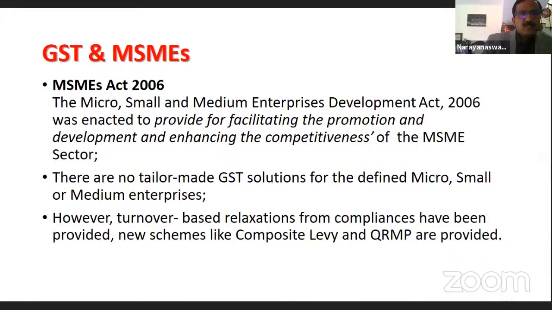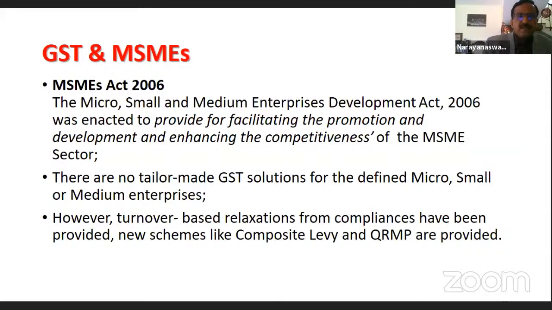Now, I would like to stress upon the MSME sector. Even though under the GST, there's nothing called MSME sector related provisions, but the GST scheme has taken care of MSME concerns and their difficulties.